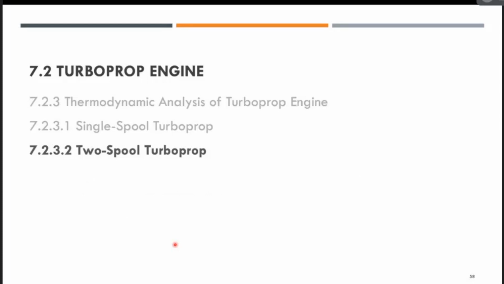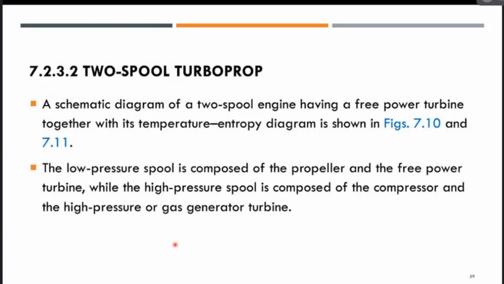Okay, I think we can still go for a couple more minutes to finish up the turboprop engine, the two-spool turboprop, the thermodynamic analysis of the turboprop engine. And over here, we have the schematic diagram of a two-spool engine having a free power turbine together with its temperature-entropy diagram, which is shown in figures 7.10 and 7.11.